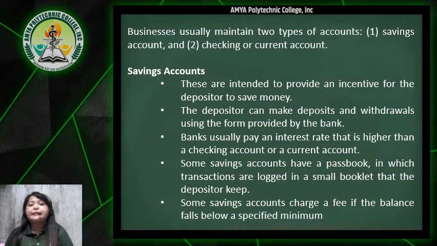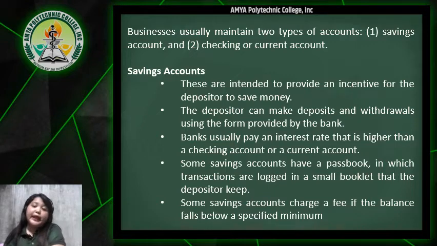Businesses usually maintain two types of accounts: the savings and the checking or current account. When you say savings, these are intended to provide an incentive for the depositor to save money. The depositor can make deposits and withdrawals using the forms provided by the bank.